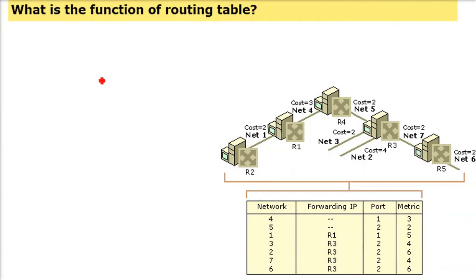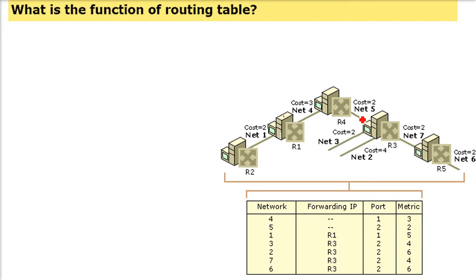What is the function of a routing table? So just try to understand. There are a number of computers, systems, and network devices on the network. Now, how will any system decide which next hop, which next device, the packets have to be sent to?